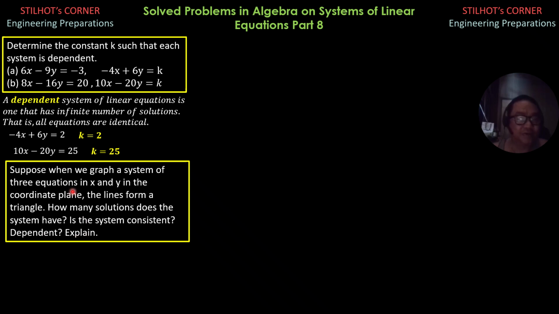Because we plot a system of three equations only in the xy coordinate plane, and the lines form a triangle, it satisfies only the variables x and y. There is an intersection, but the third variable is not satisfied because we only plot x and y.